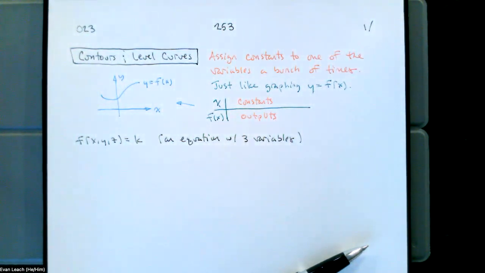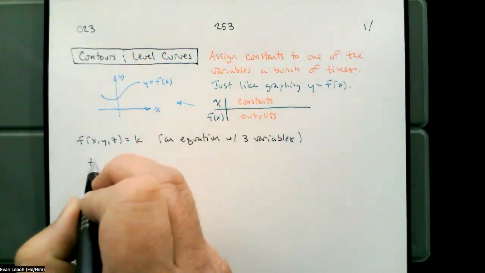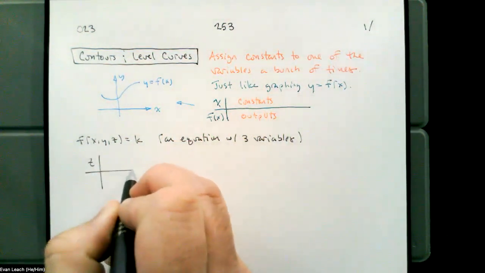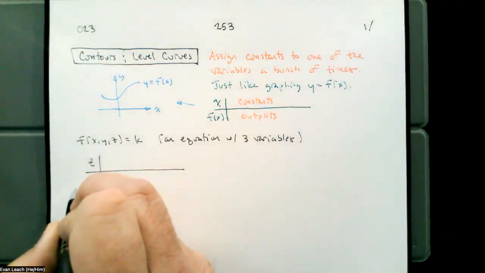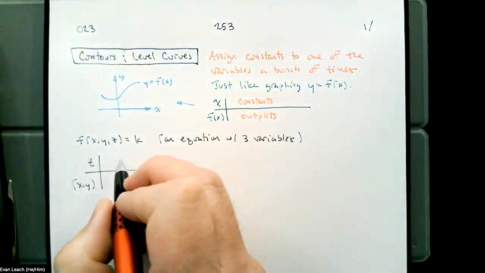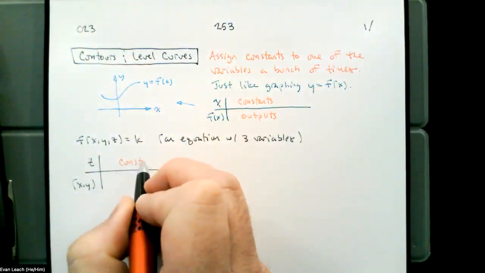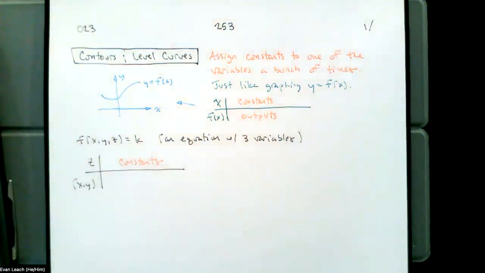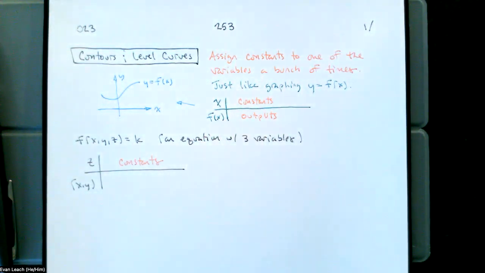We've got an equation in three variables, and we look at level curves. We pick one of the variables. We plug in a bunch of constants. Just like before, we plug in a bunch of constants, but instead of the output just being a number, our output is going to be an equation with two variables, which will produce a curve in R2.